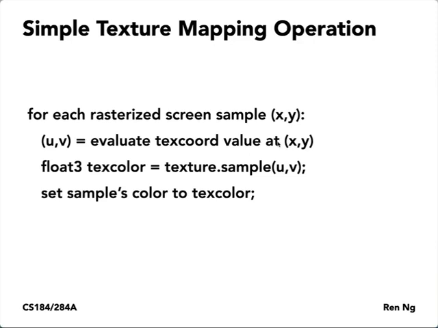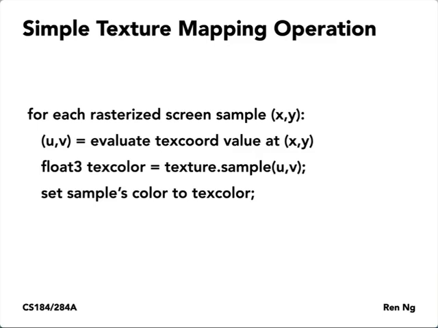After that, we do a lookup. We get a color. Float3 just means 3 values, RGB. We get a texture color by sampling a texture object at coordinates UV. All that means is I have some kind of texture object that represents an image, and I'm going to say, hey, give me the value of your image at location UV, remembering that UV are just continuous coordinates from 0 to 1.